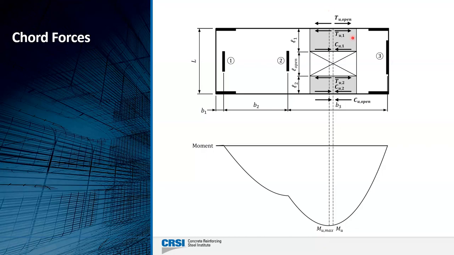But we also have to look at the forces that happen at the center line of the opening, as well as in the subdiaphragms. The larger of the two forces is what's going to control and determine how much steel we need for chord reinforcement. We'll start with T sub U, which we define at the center of the opening, so that we get it from our moment diagram. We can calculate that as M sub U divided by, say, 95% of the diaphragm length in the direction of analysis.